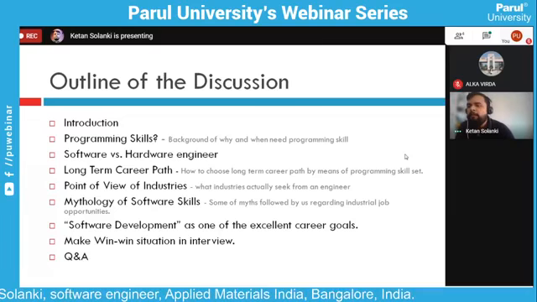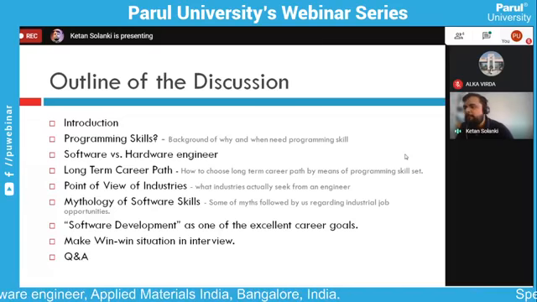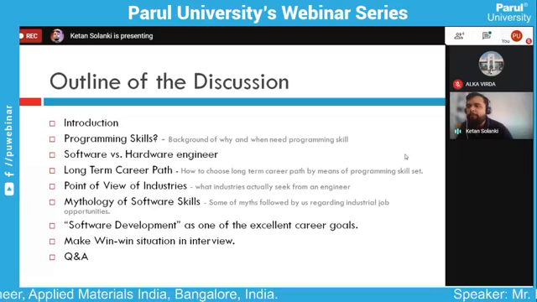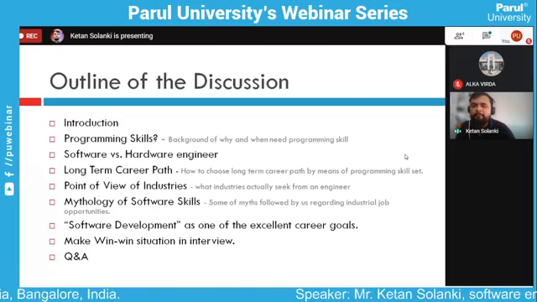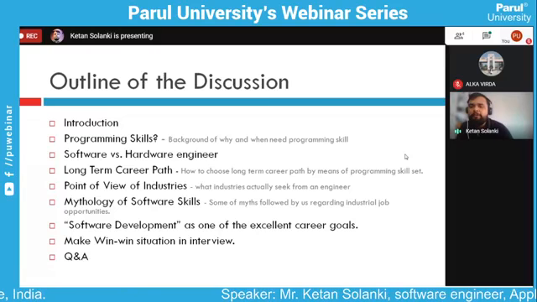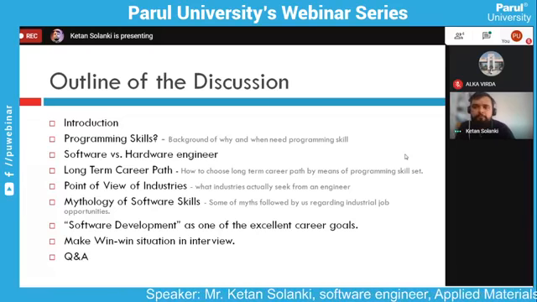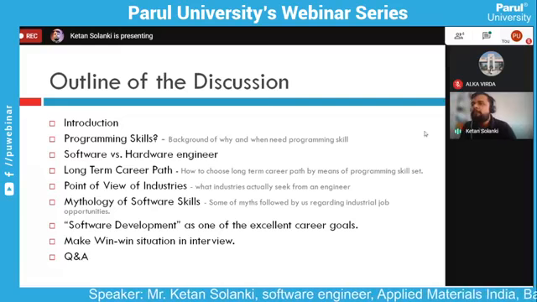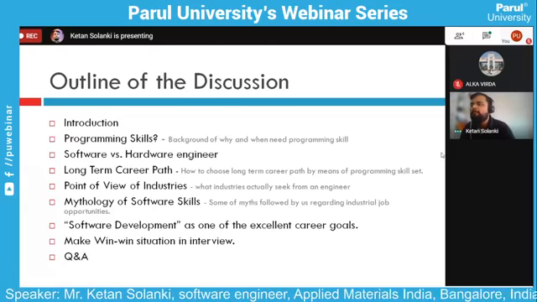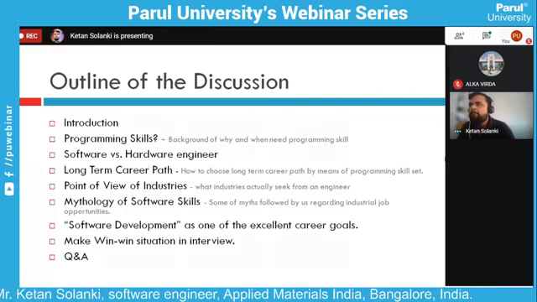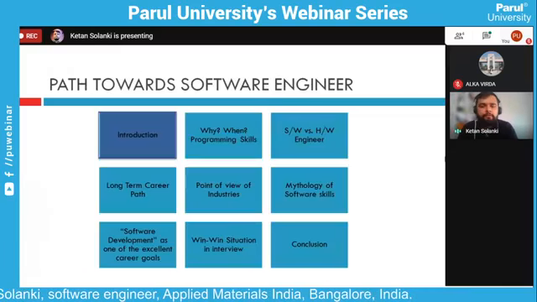Then we'll discuss a few points about interviews, as we are going to choose software engineering as a career path. The interview is the main entry point, the gateway towards our desired goal. So these will be today's topics, the timeline we will follow. We'll start with the introduction first.